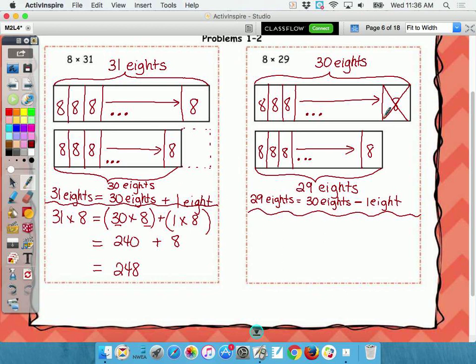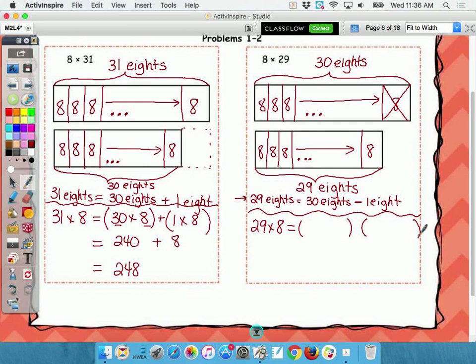Now remember, this right here is my thinking. I'm just going to think of it as 38 minus 1/8. Okay. How do I write that as an equation? I'm going to do 29 times 8 equals, and then I've got 2 sets of parentheses, don't I? What goes in between the parentheses this time?